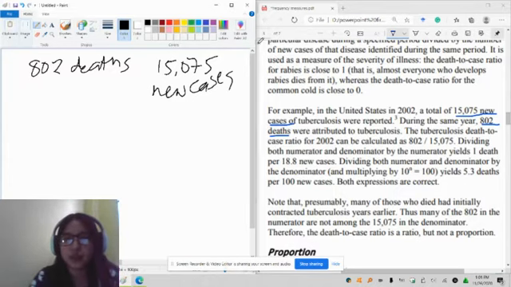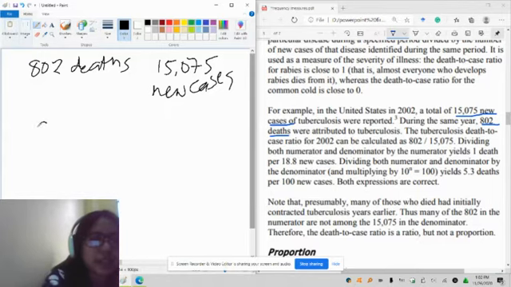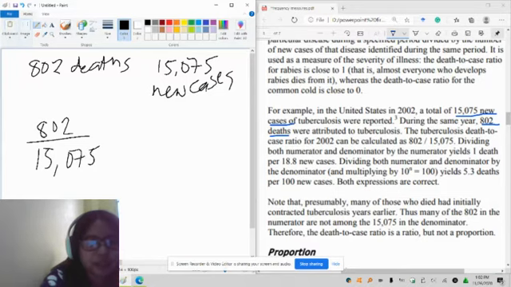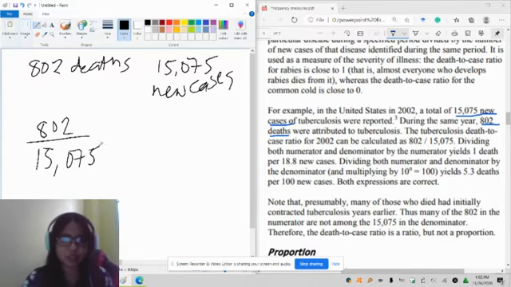What we need to do is divide 802 by 15,075.